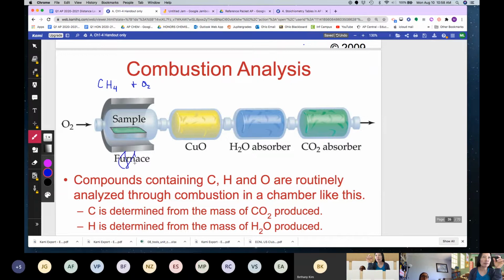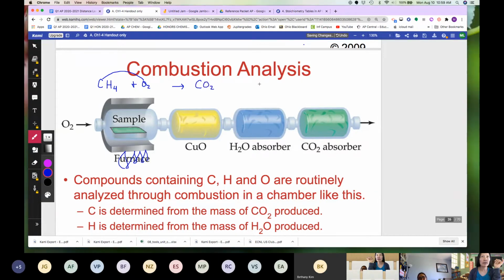When it burns, the oxygen will oxidize the carbon, and it will make a very stable substance called CO2. And the oxygen will also oxidize the hydrogen, and it will make another stable substance with H and O. What is that? H2O. Yeah, very stable.